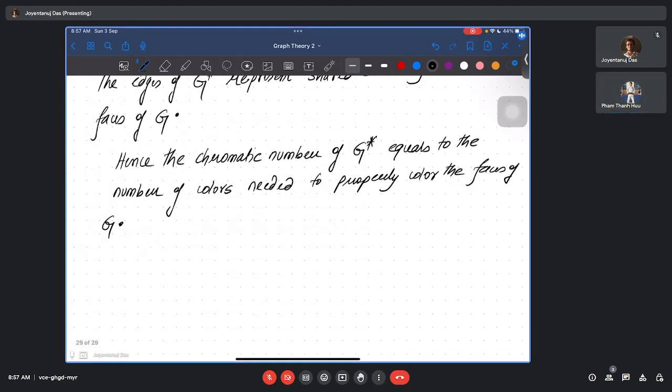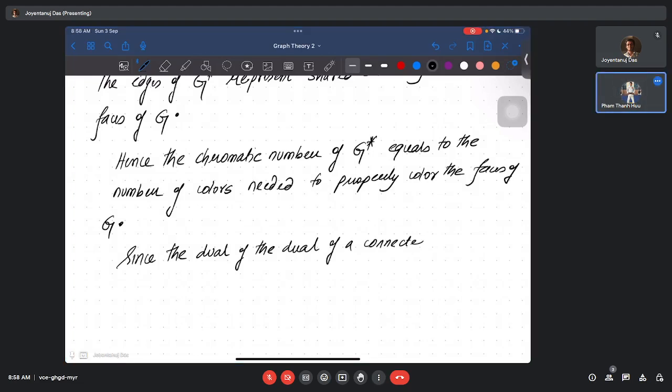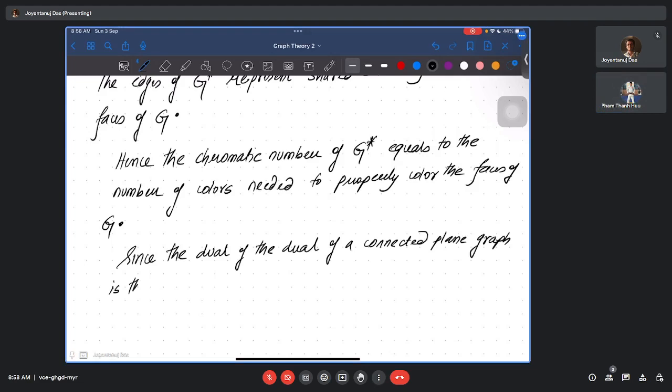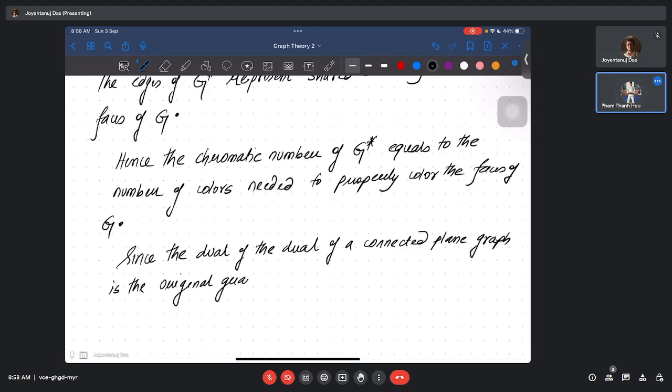Now, the dual of a dual of a connected plane graph gives back the original graph, right? So we get the original graph.